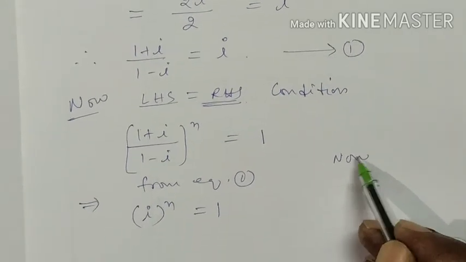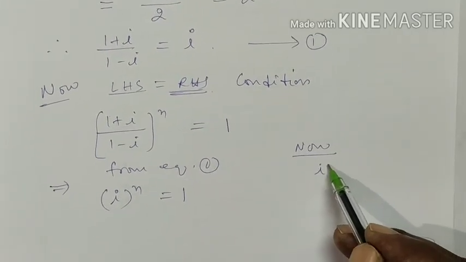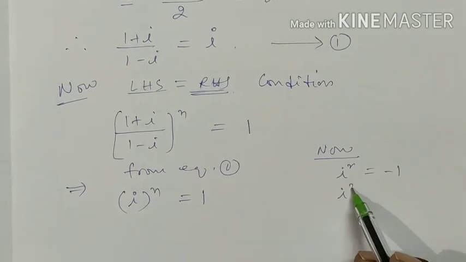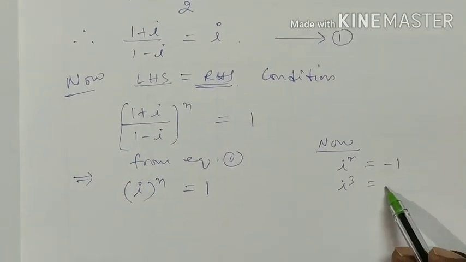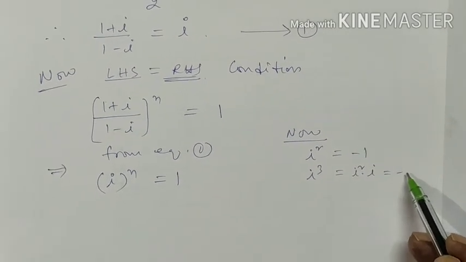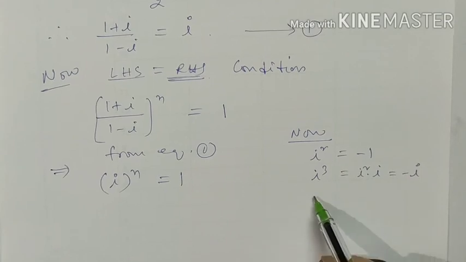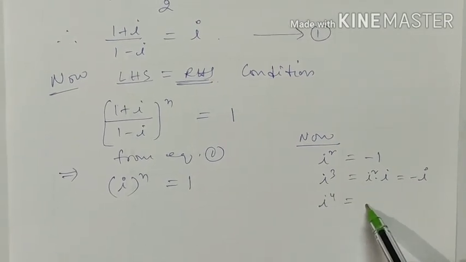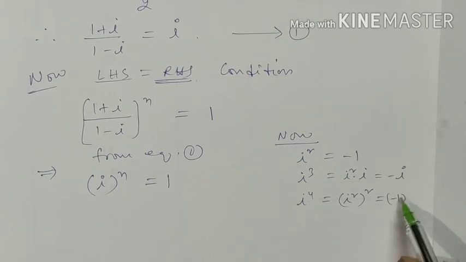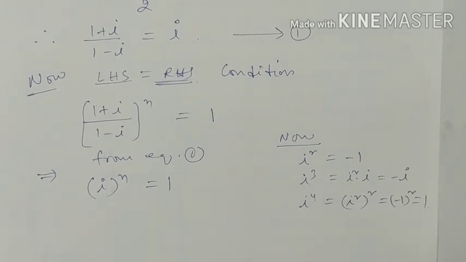Now look at this, i power 2, i square is minus 1, i cube is i square into i, that is minus i, i power 4 is i square whole square, that is minus 1 square is 1.